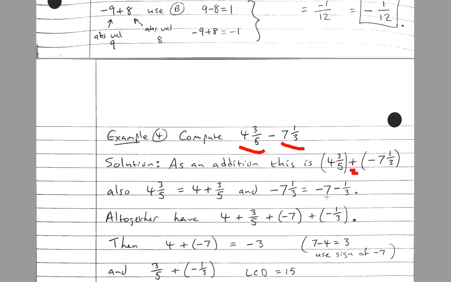Or if you like, negative 7 plus negative 1/3. Okay, so just expanding everything out, this sum, if you break it into pieces, is 4 plus 3/5 plus negative 7 plus negative 1/3.